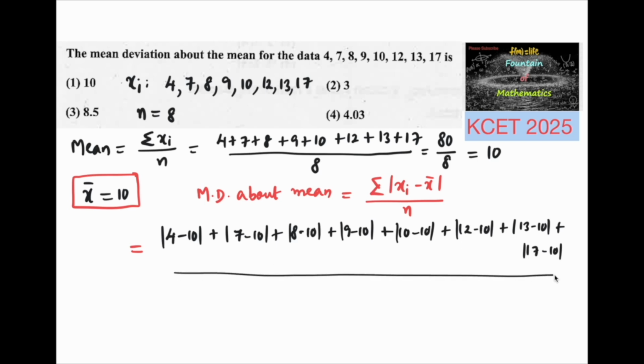The whole divided by the number of observations, 8.